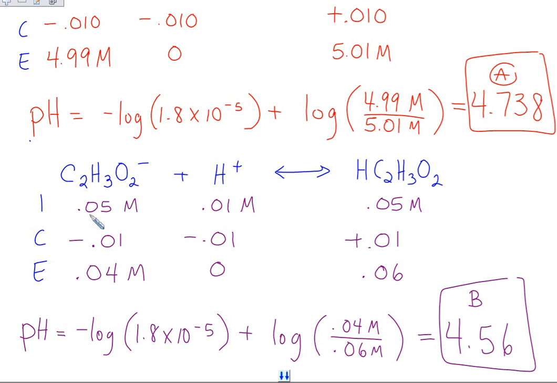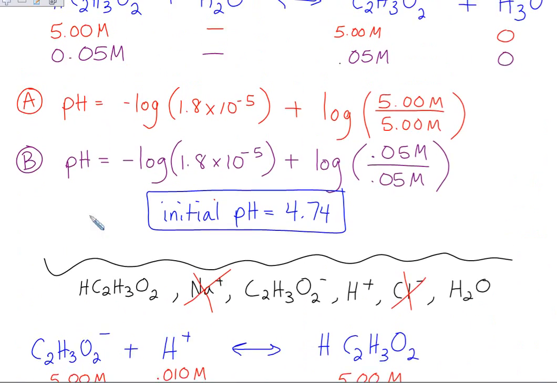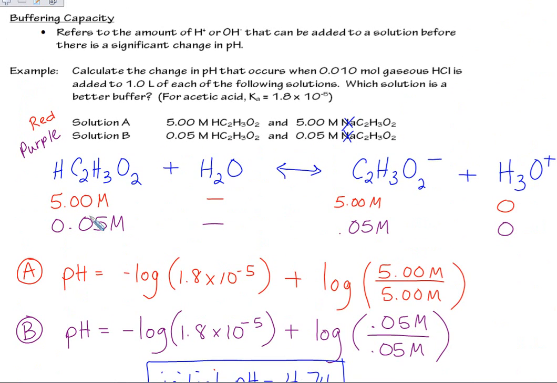These are both good buffers. But that 5 molar buffer is better. It's got a better buffering capacity. Say that 10 times, hanging upside down or something like that. So if they ever asked you something along these lines, we should maybe make a little note up here. These are both buffered solutions. They've got the weak acid. They've got the conjugate base.